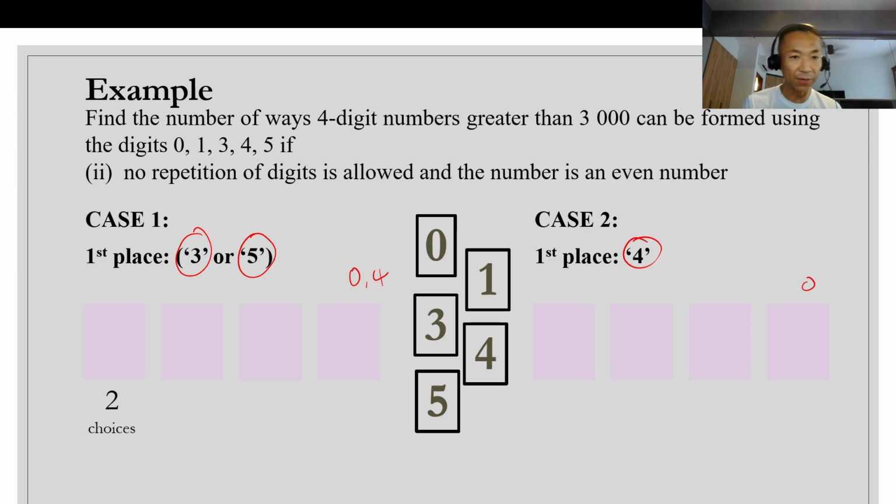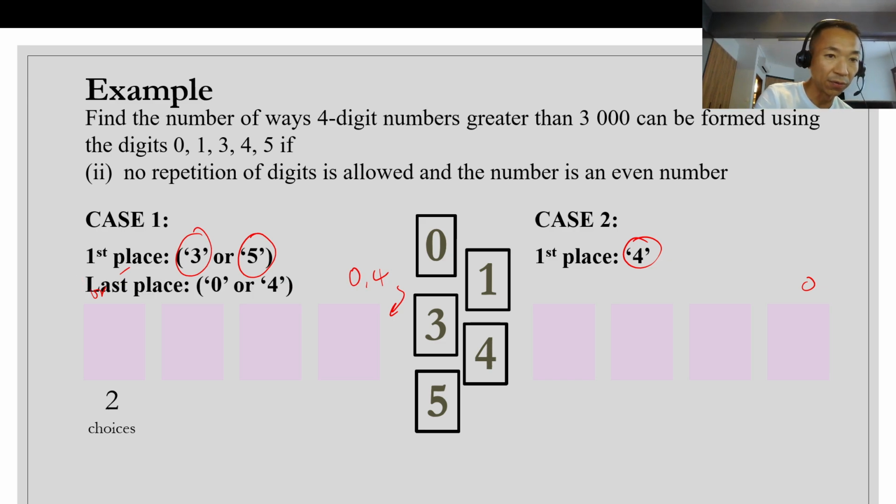If it's a 3 or 5, then you have 2 choices for the first digit. No problem, either 3 or 5. After you've chosen a 3 or 5, handle the last digit, because the last place must be a 0 or a 4. So another 2 choices.